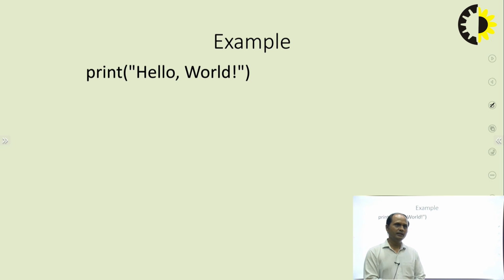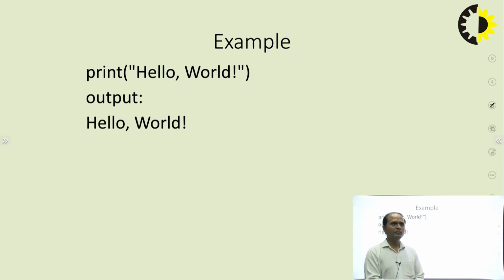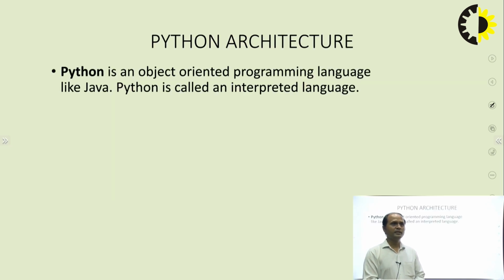But in Python, there is only one line, that is print hello world, and the output is hello world. In C programming, we write 5 to 6 lines of code. So the lines of code are also fewer than in other programming languages. That's why Python is used in so many areas these days.